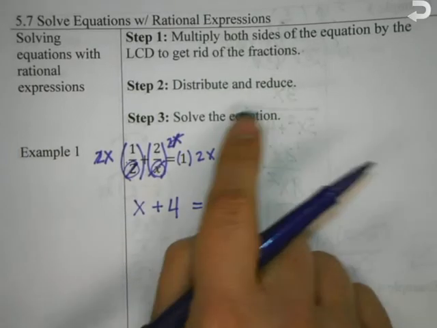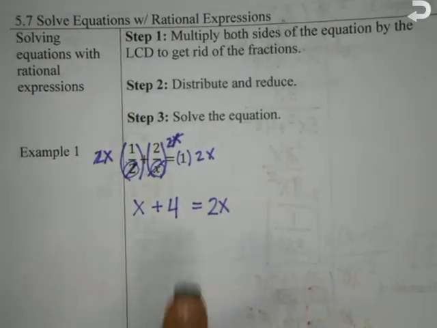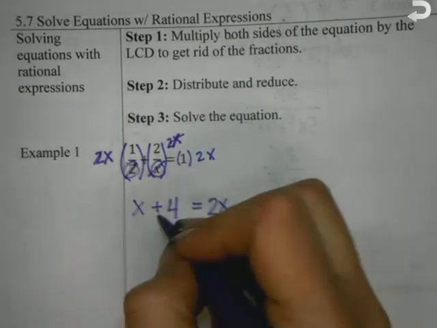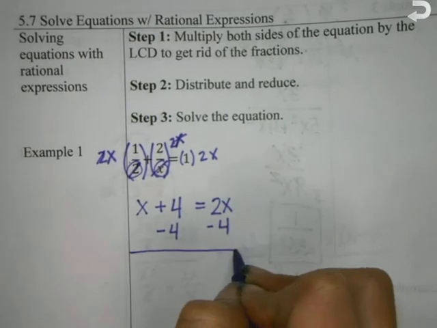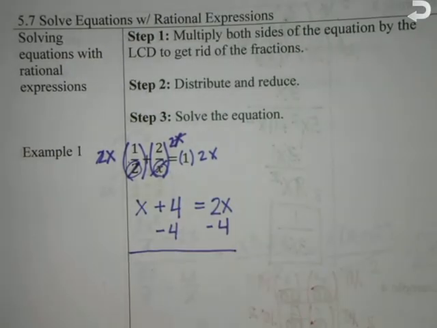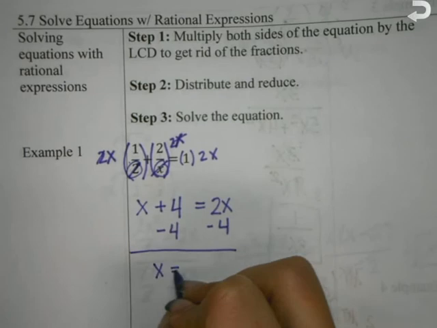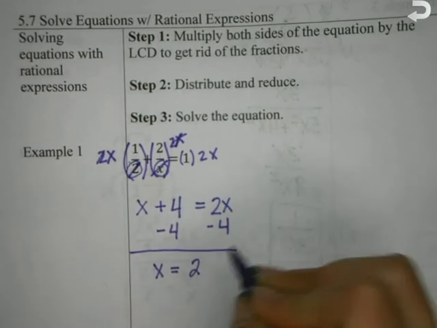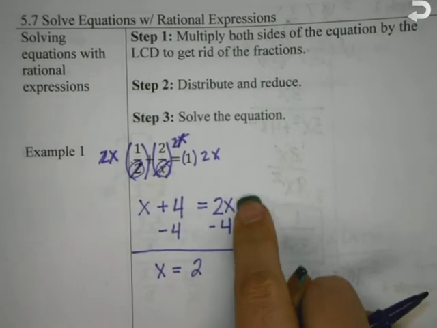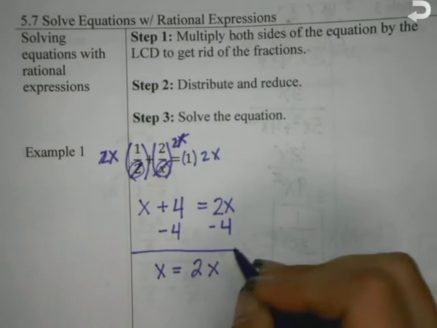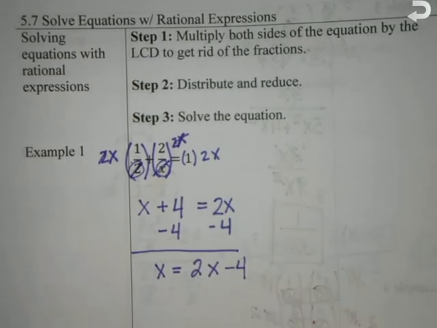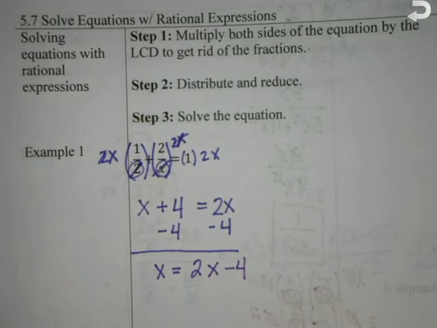So step 3, we solve. How do I solve this thing? I subtract 4 from both sides. That's going to give me x equals... Hold on. Can I combine these terms? No. So this is 2x minus 4. Do I have all the x's on one side? No. So what do I have to do?